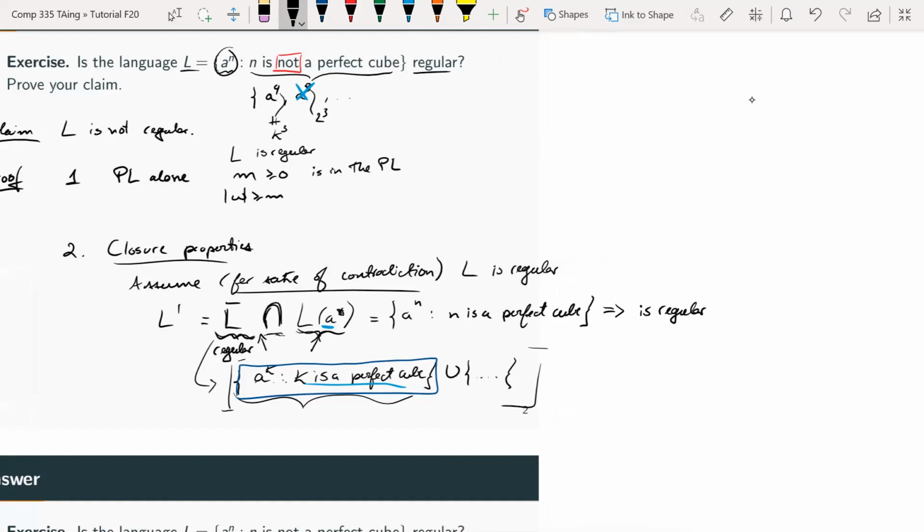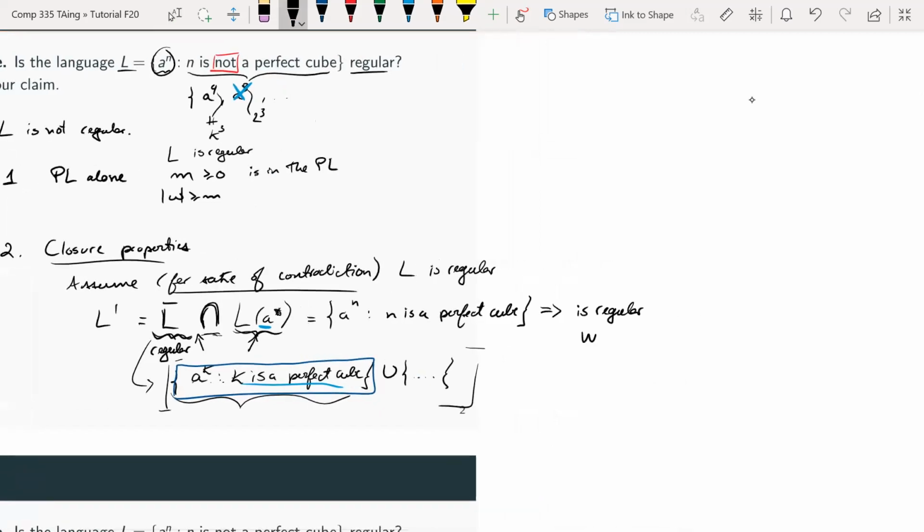But now remember from tutorial 5, we showed using the pumping lemma that L prime was actually not regular, right? So what does this mean? Well, this means that we have arrived at a contradiction. Okay, and that was our goal, essentially. Our goal was to find a way to reach a contradiction. And the fact that we have a contradiction means that our initial assumption, in this case that L is regular, was false.